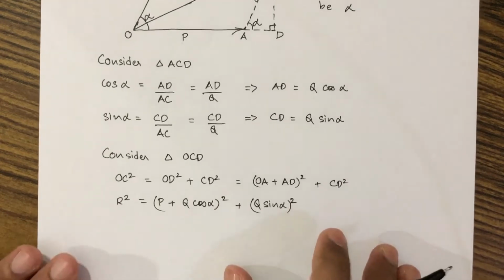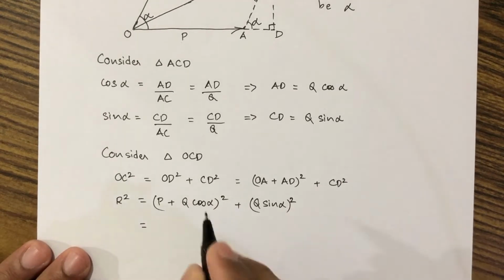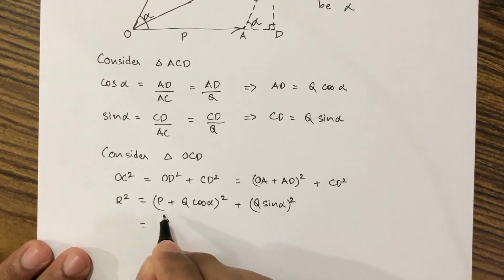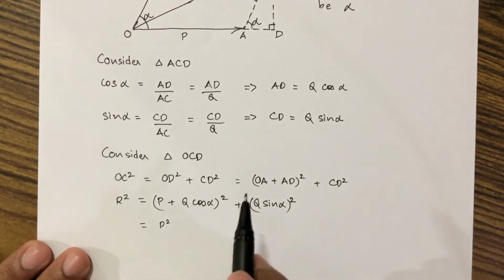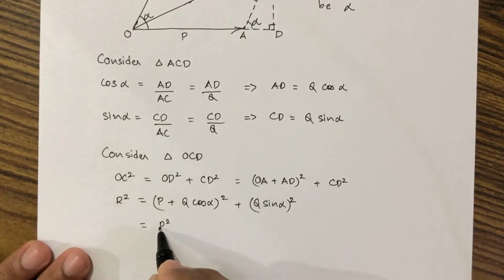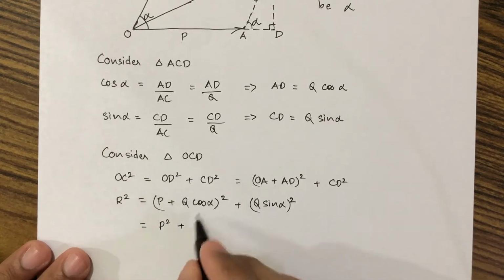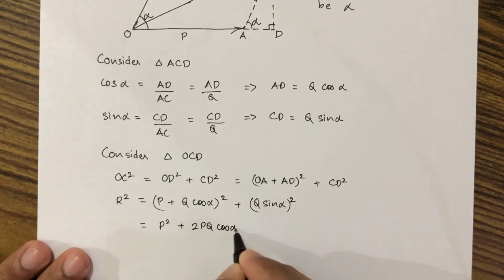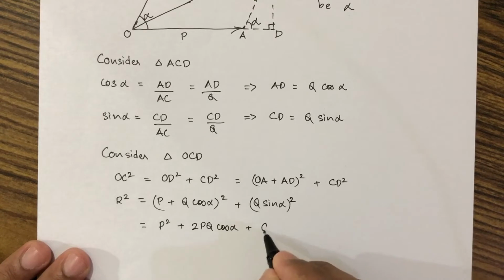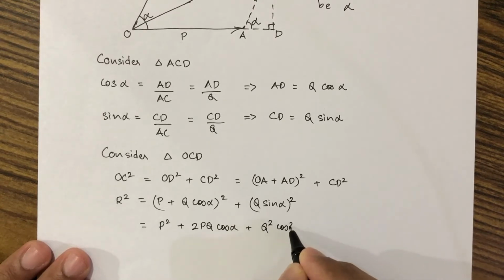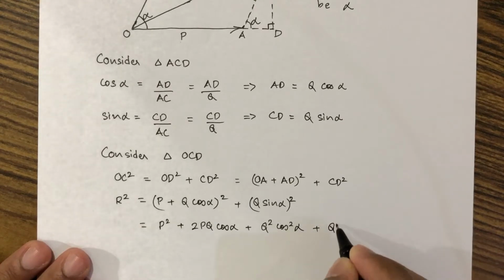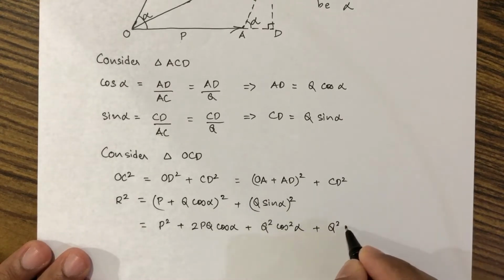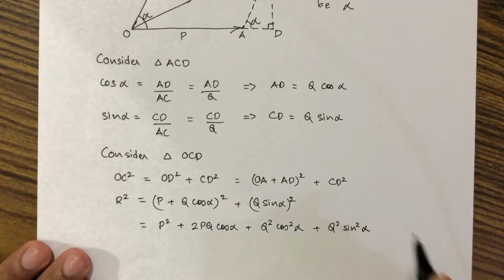Now if you open the bracket, this is actually A plus B whole square, which is A square plus twice AB plus B square. So this can be written as p square plus 2pq cos alpha plus q square cos square alpha plus q square sin square alpha.